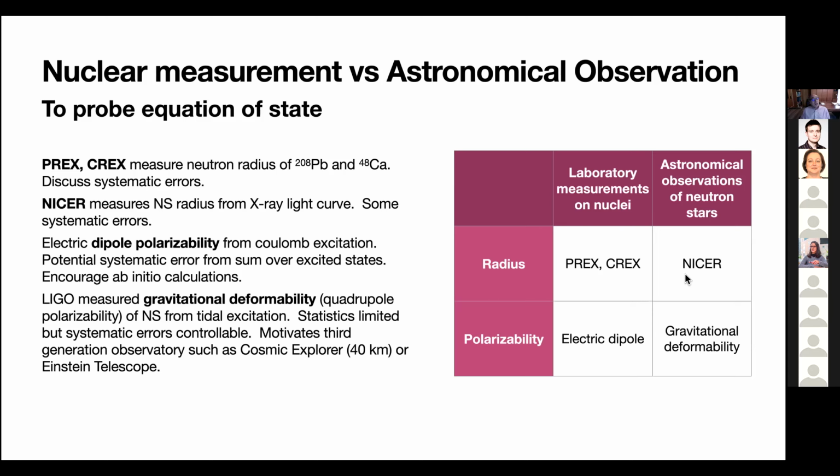So there are systematic errors associated with the NICER measurement, and that probably is a fundamental limit on these kinds of observations of neutron star radii. So if you made a 10 times bigger X-ray telescope, you may not be able to use the improved statistics to a full measure because of these systematic errors.